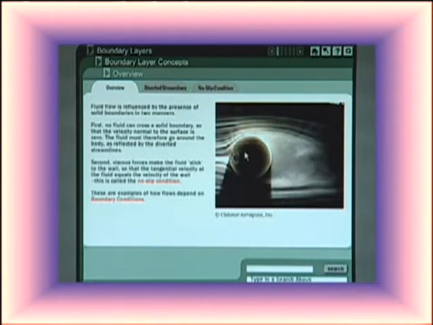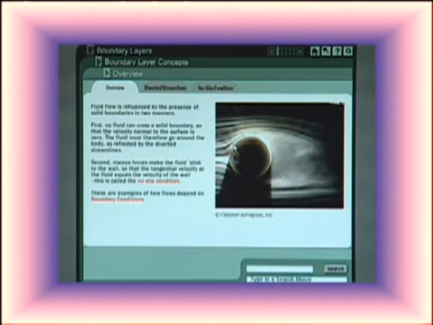Fluid cannot enter into this ball, so that is why the fluid velocity perpendicular to the wall surface must be 0. This is the first condition, and the second condition is that, because of the viscous effects, the velocity of the particles which are in contact with the solid surface must be equal to 0.